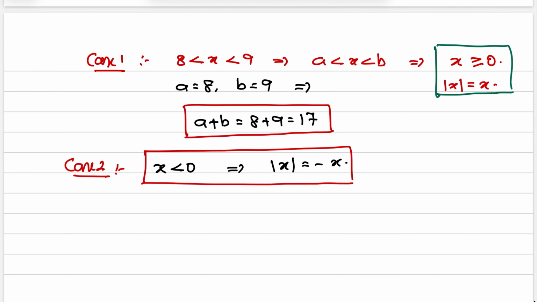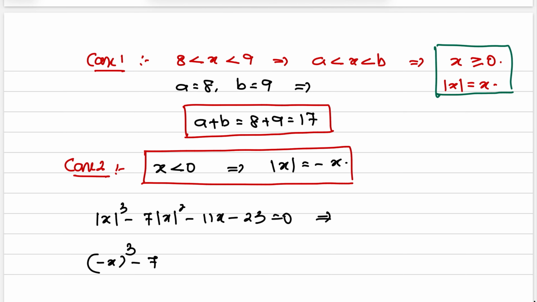Now, under case 2, under these circumstances, absolute x cube minus 7 into absolute x square minus 11x minus 23 is equal to 0. You replace absolute x with minus x: minus x whole cube minus 7 into minus x whole square minus 11x, normal x, minus 23 is equal to 0.